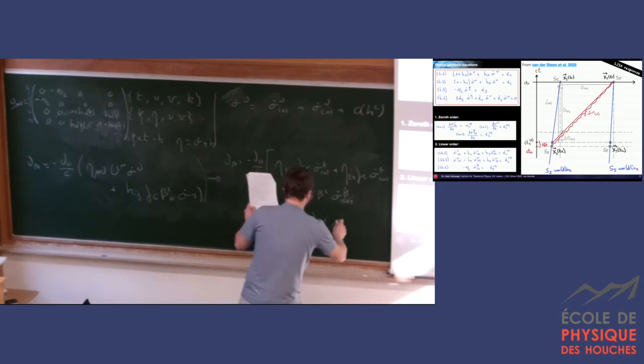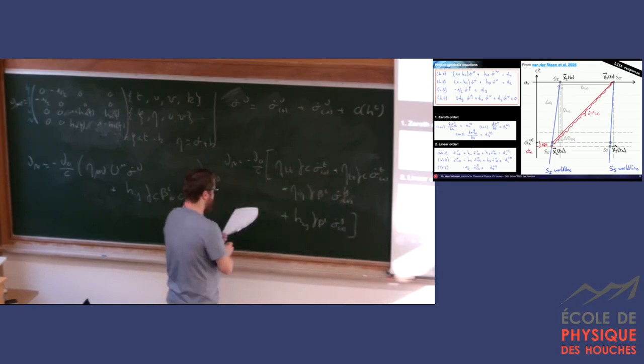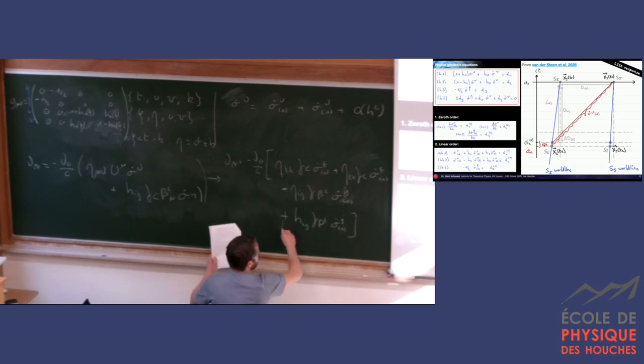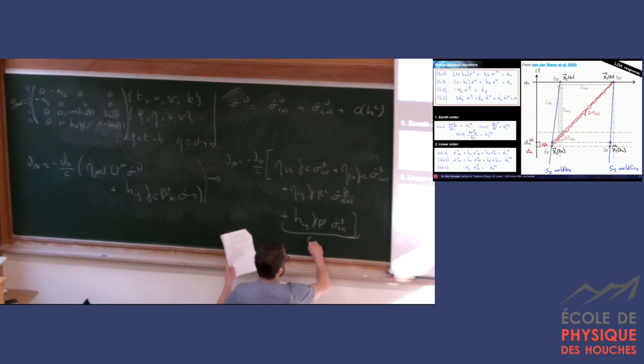And the trick here is that this one is of order beta h, because you have an h and you have also a beta which is already small.